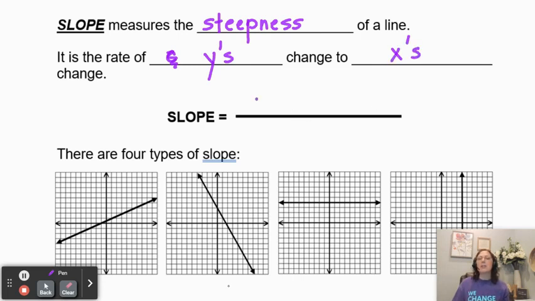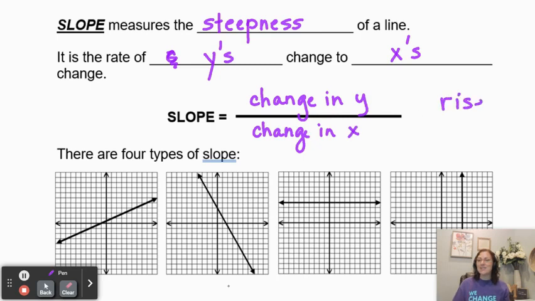On top, our slope is the change in y over the change in x. Now, you may have heard of this as slope being the rise over the run. We're going to have lots of different ways to refer to slope in this video, so I want you to make sure your notes have all of them.